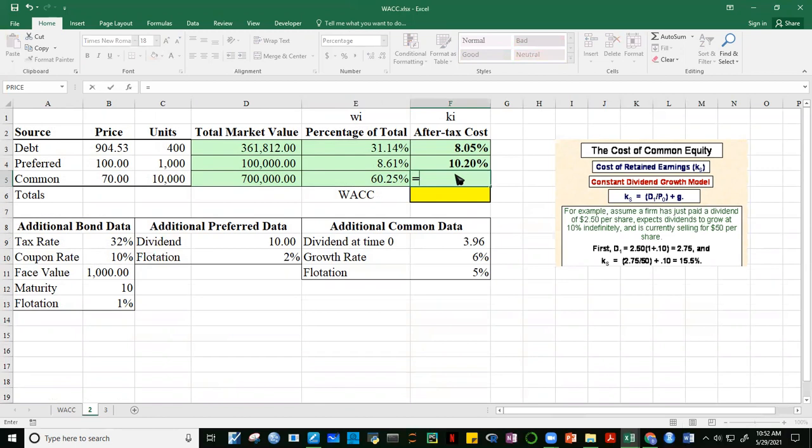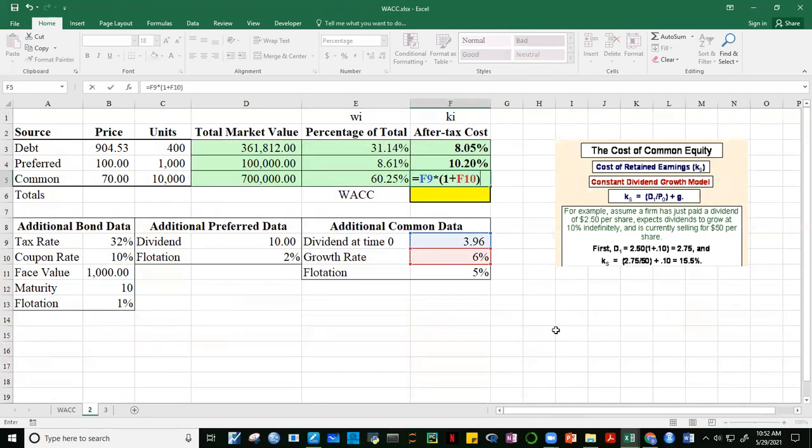What's the dividend at year 1? Ang dividend at time 0 is this one, 3.96. No? So we have to multiply that by the growth rate. D0 eh. So ang D1 will be an increase of 6% over the 3.96. Okay?